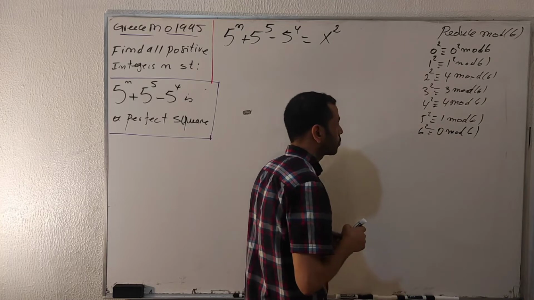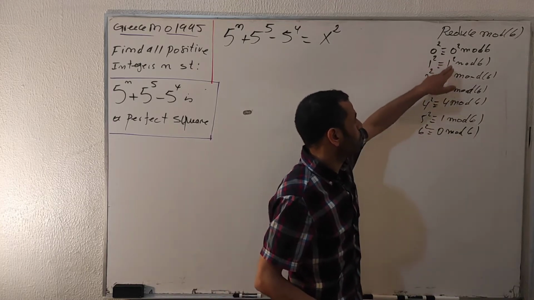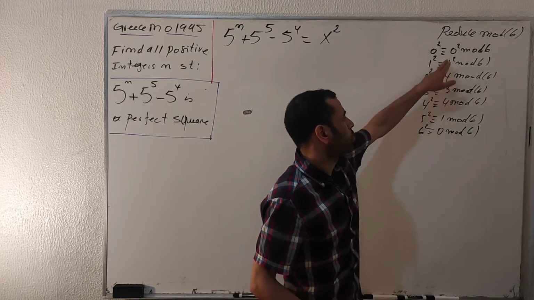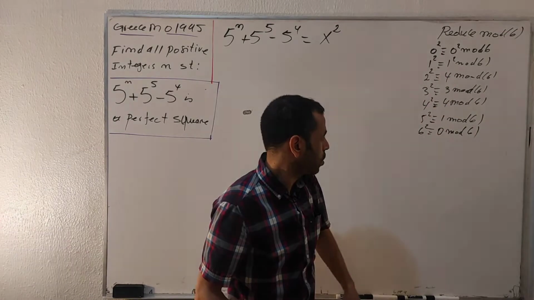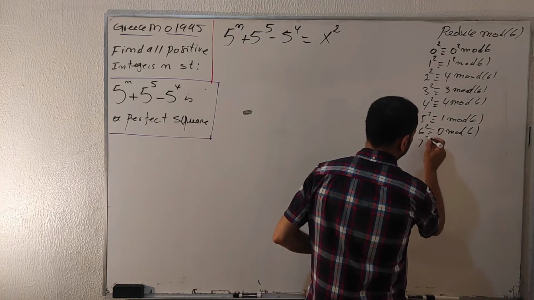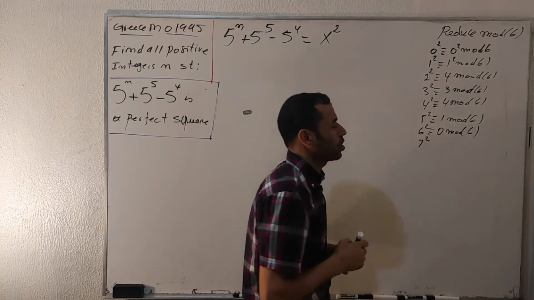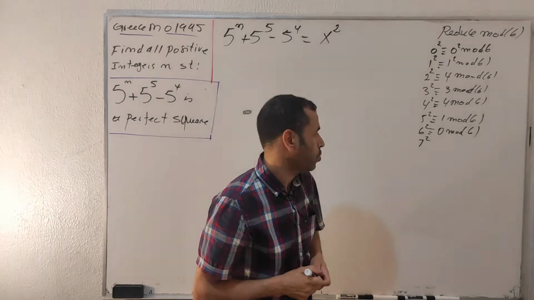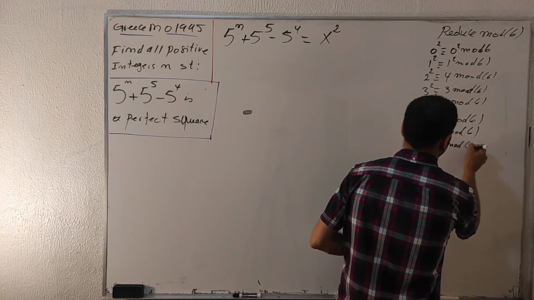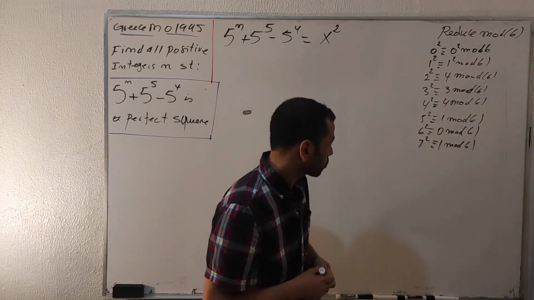When you apply the division, you will have these numbers as remainders. For the next one, 7 squared is 49. 49 is 1 more than 48, so the remainder is 1 mod 6, because 6 divides 48.